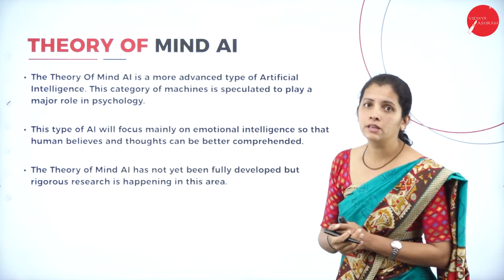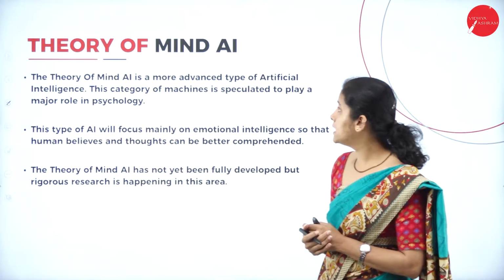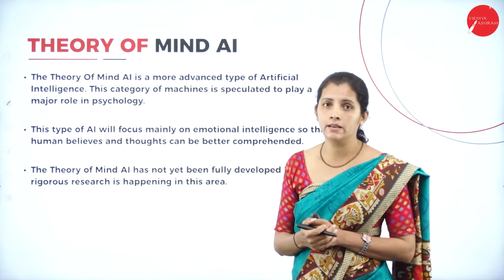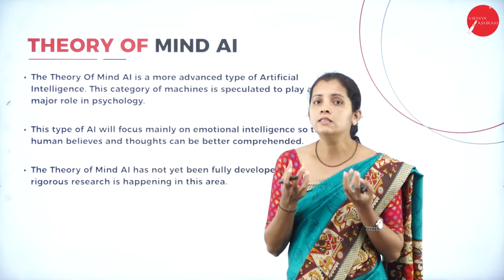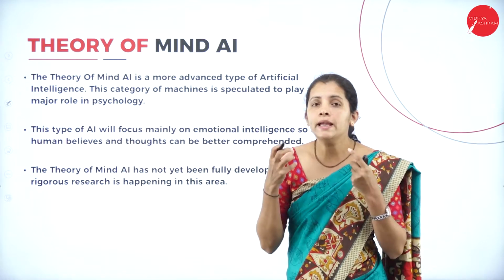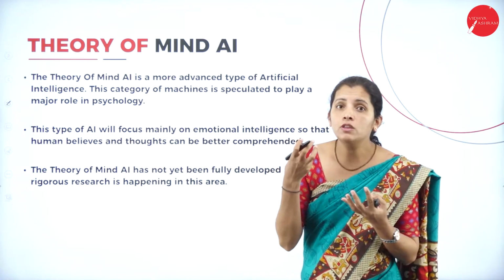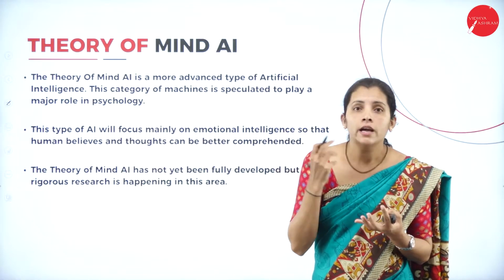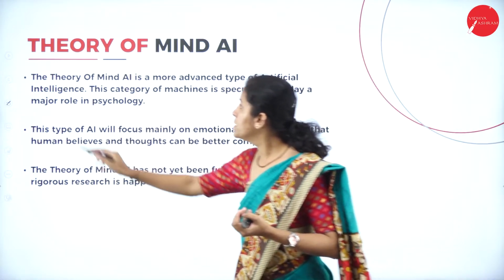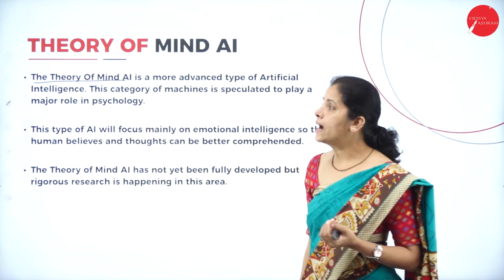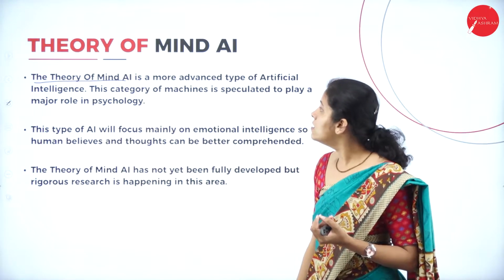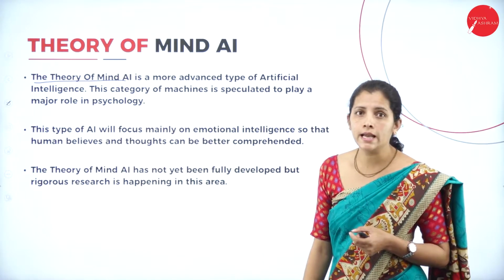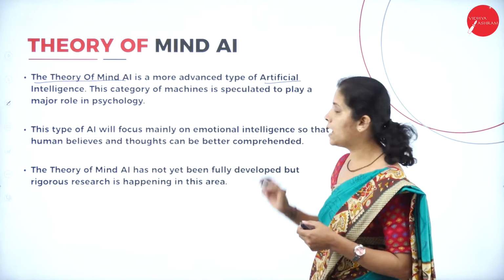Now, let me consider the third type, that is theory of mind. So what is theory of mind? It mainly depends on human emotions. Theory of mind AI is a more advanced type of AI.